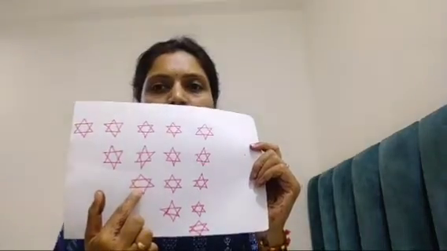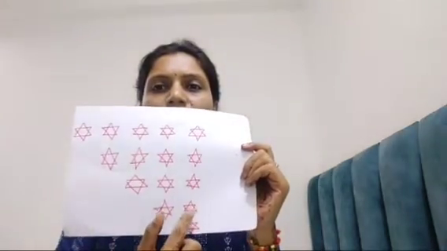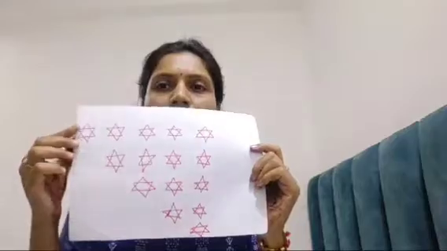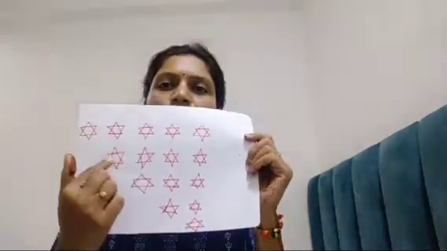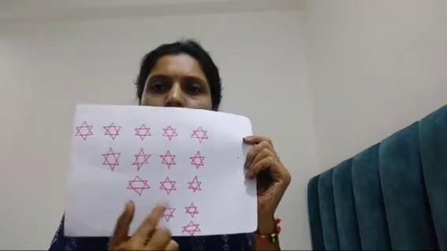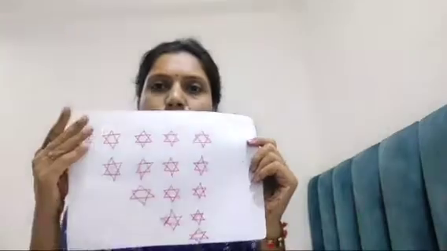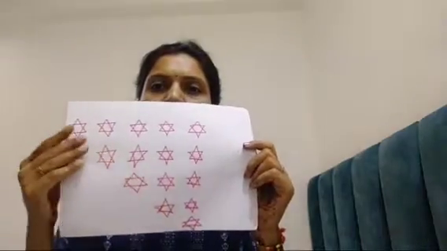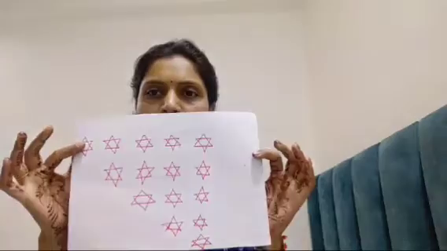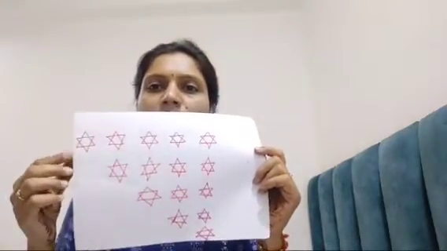In the third row there are 3, then 4, then 5. Here stars are increased in each row by 1. So these stars increase in each row, so it is called an increasing pattern.